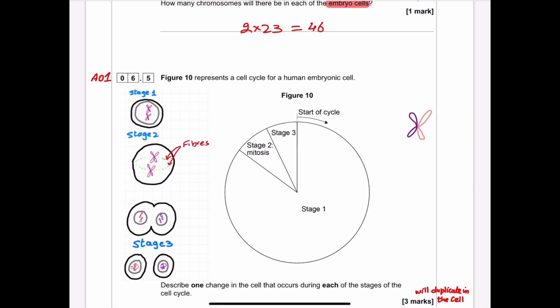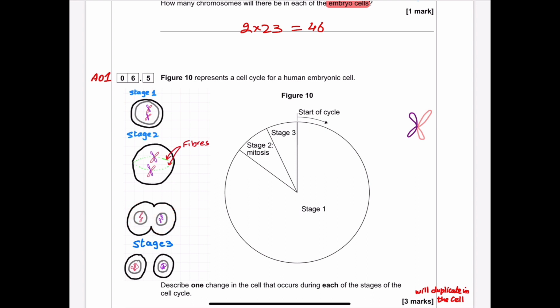Each arm of each chromosome starts moving in the opposite direction by the pull of these fibers and reaches the other side of the cell. One set of chromosomes will reach one side and the other set will reach the other side of the cell. As both chromosome sets reach the opposite ends of the cell, the nuclear membrane will appear around them.